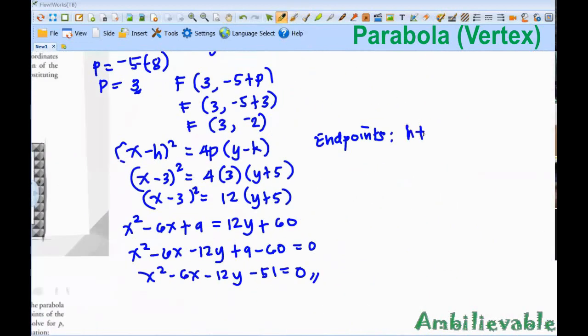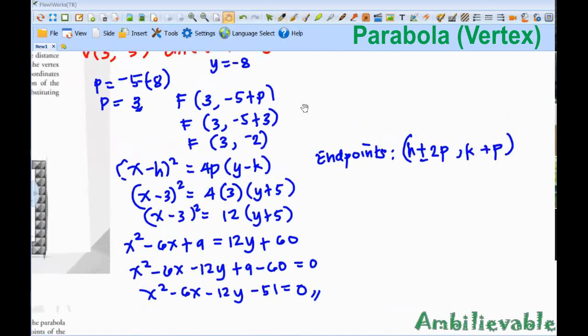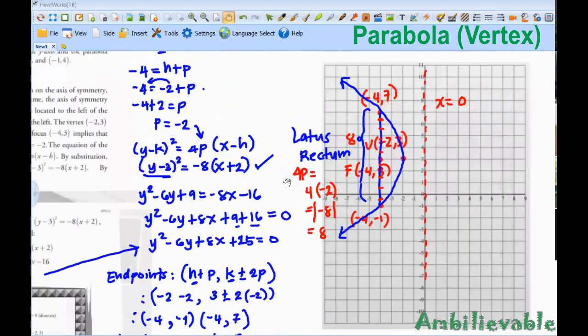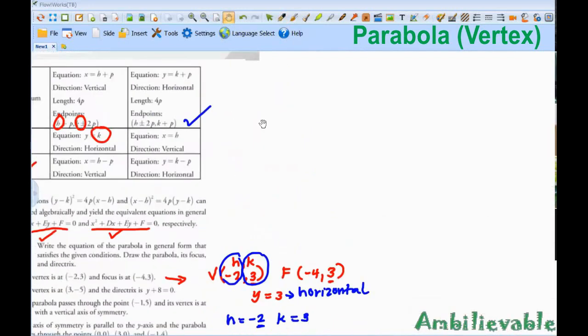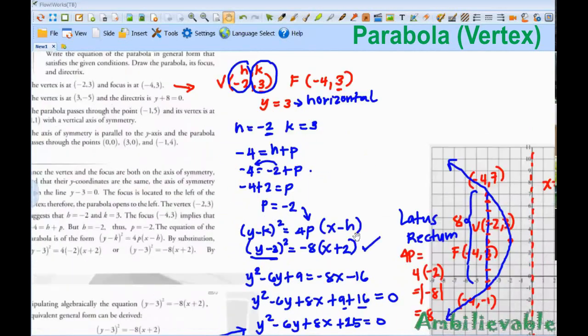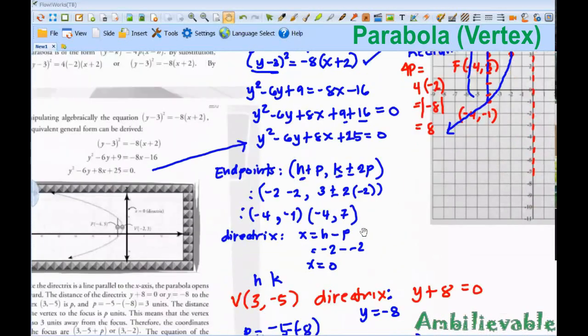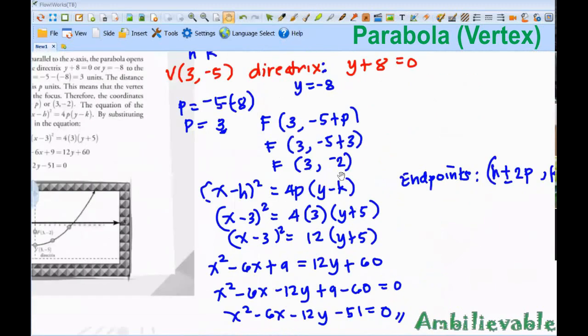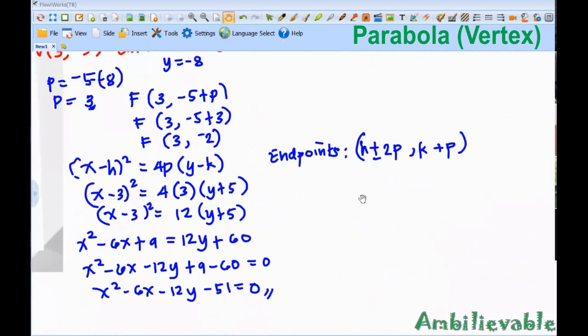H plus or minus 2P and K plus P. Okay, so what is our H value? Ramsen, what's the value of your H?